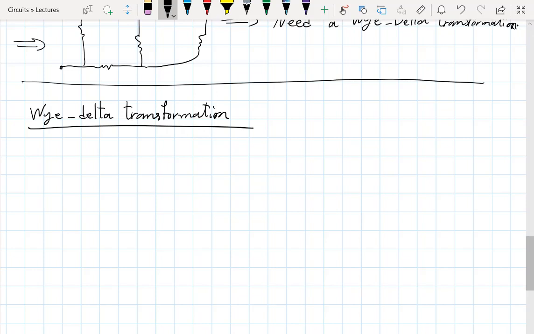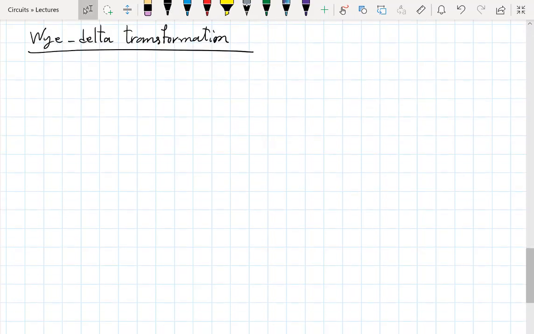So now I want to show the equivalence of 2 circuits that have, you might say 4, or really 3 in this case, terminals. So there is a sense of input and output, if you want. So this is what I mean by a Y. It looks like a Y.